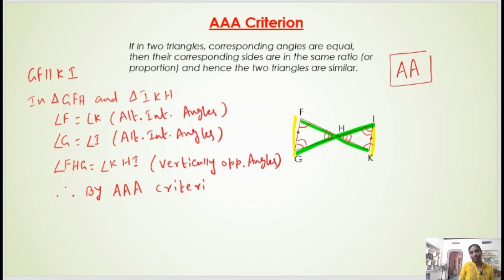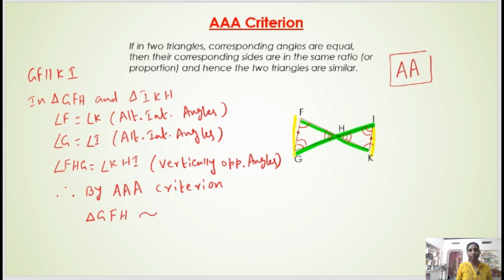we can say that triangle order is also very important. How to write? Okay, the first triangle you can write in any order. I want to write it this way: GFH. Then you have to write the other triangle in the same order.